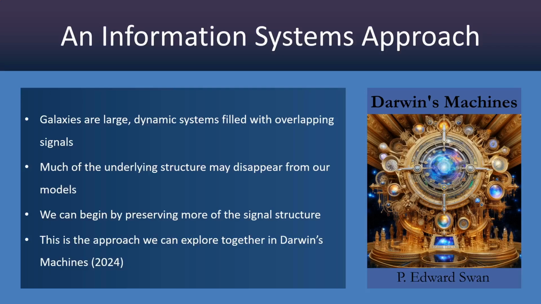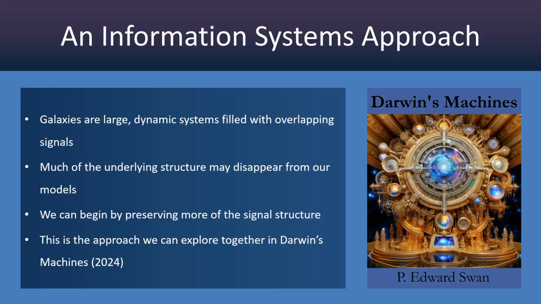An information systems approach. Galaxies are large, dynamic systems filled with overlapping signals, interactions, and repeating patterns. But when we compress those systems into simplified averages or net results, much of the underlying structure may disappear from our models.